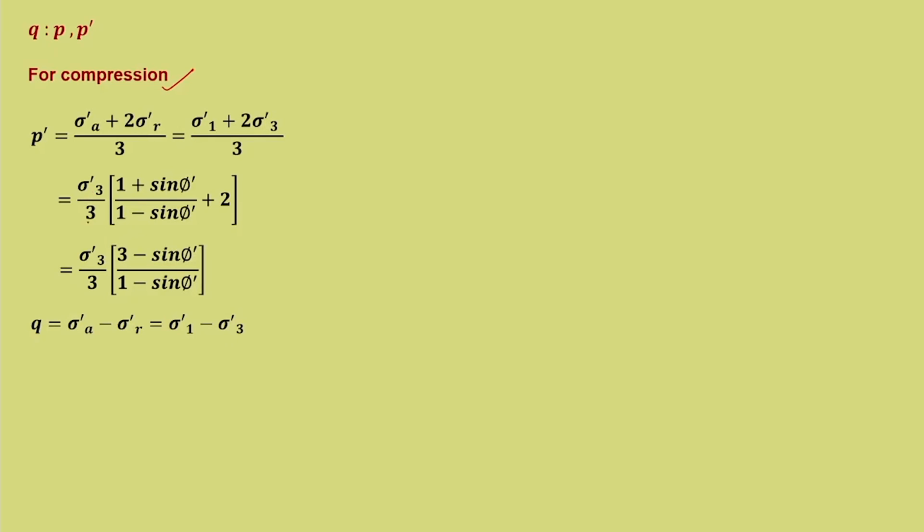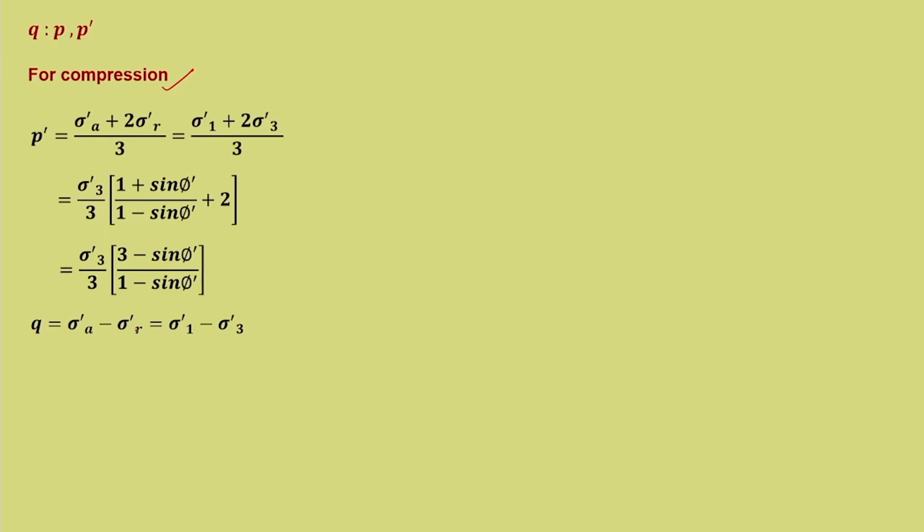If you take sigma 3 dash outside, it is sigma 3 dash by 3 times (sigma 1 dash by sigma 3 dash, which is 1 plus sin phi dash upon 1 minus sin phi dash, plus 2). If you do the mathematical rearrangement, you will get sigma 3 dash by 3 times (3 minus sin phi dash upon 1 minus sin phi dash).